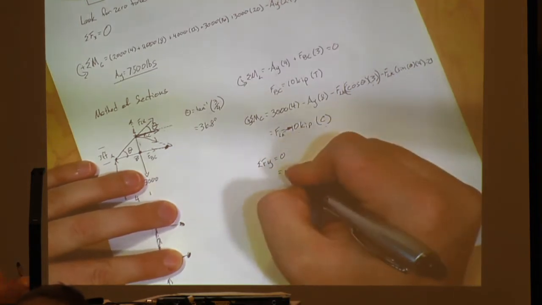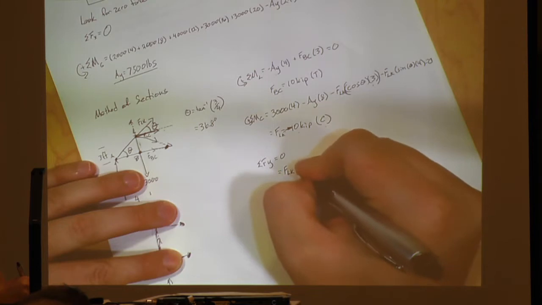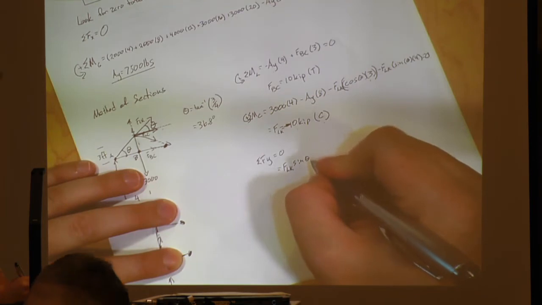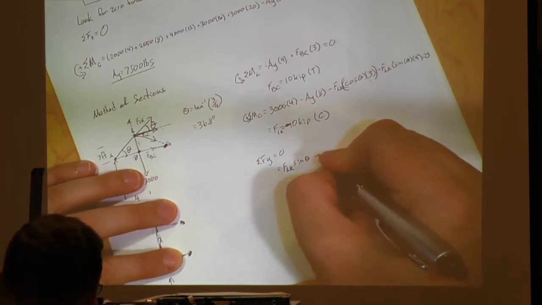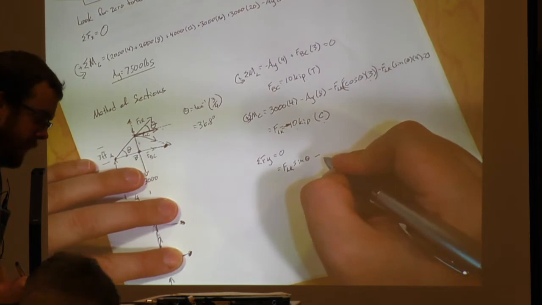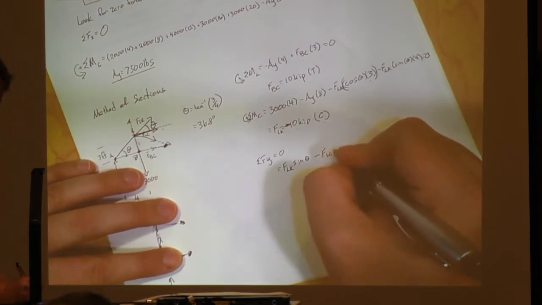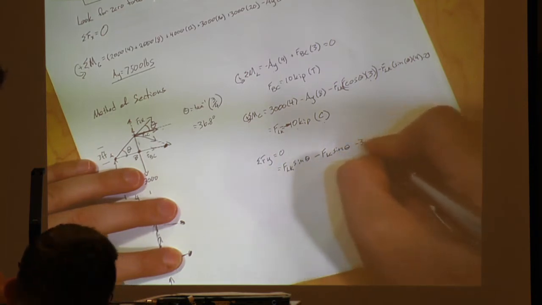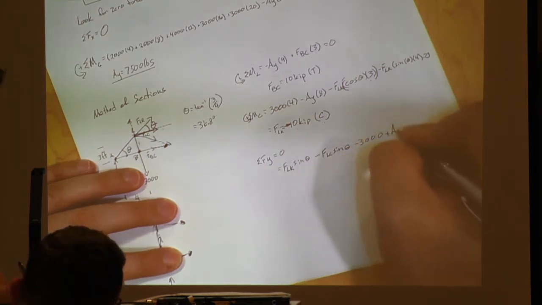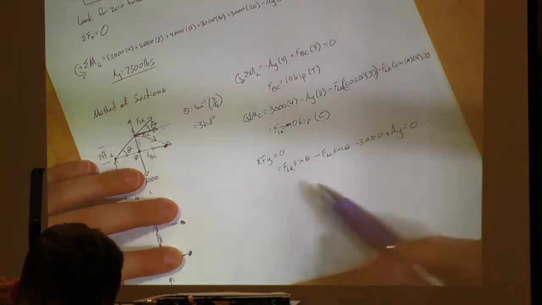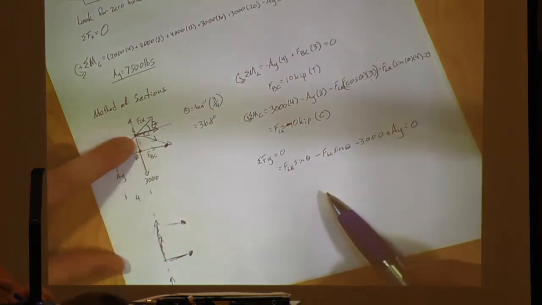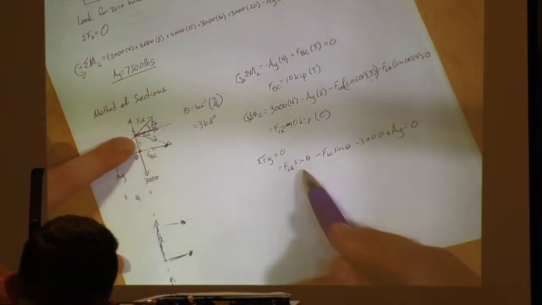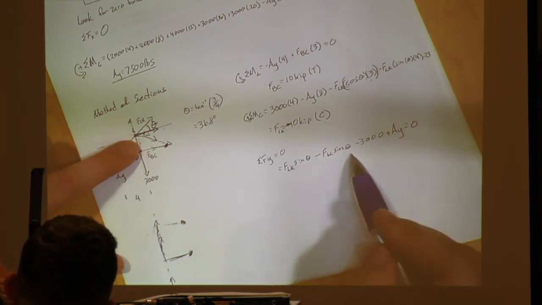We're going to have FLK sine theta, because we're doing the y component, minus FLC sine theta, again y component, minus 3,000 plus AY equals 0. We only have two forces here that have a y component, FLK and FLC, and we multiply by sine appropriately to get the y components of both.